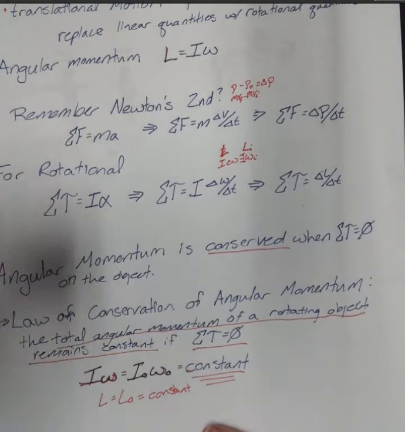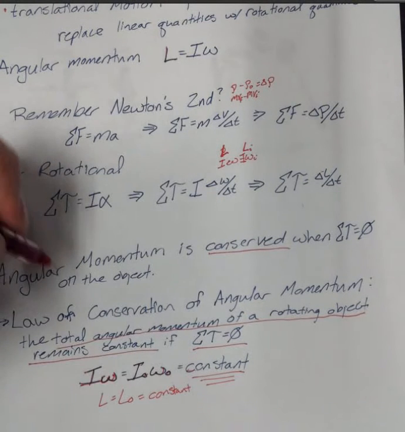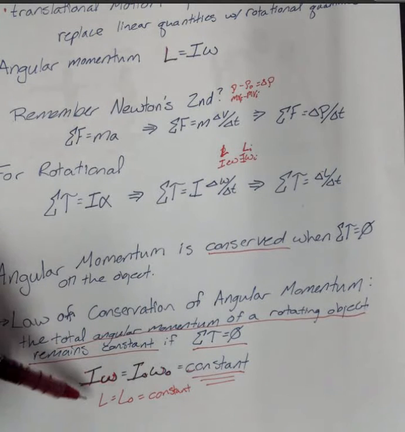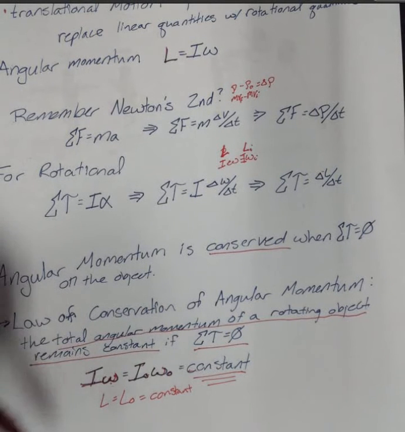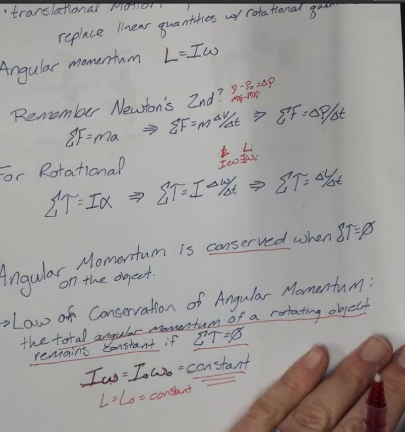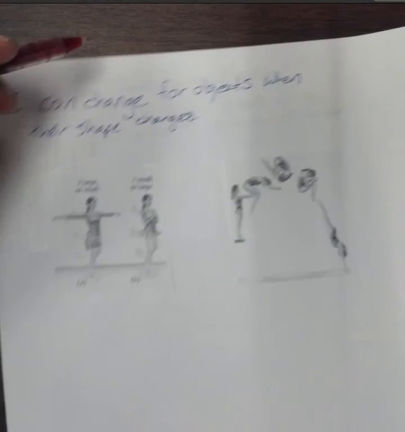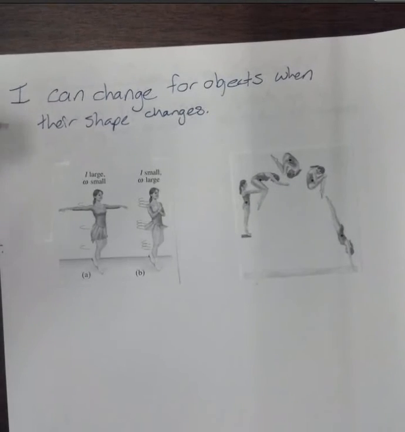I'll put it into the terms of moment of inertia times angular velocity, because when it comes to rotating objects, the moment of inertia for most objects is just as likely to change as the angular velocity. So that means that the moment of inertia can change for objects when their speed changes.